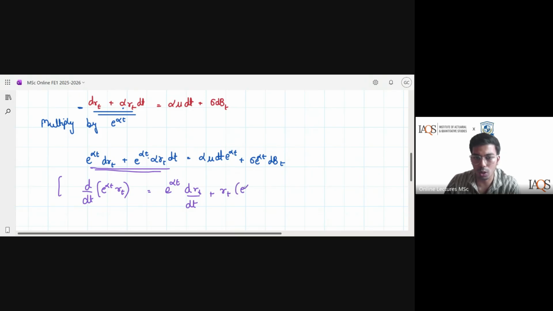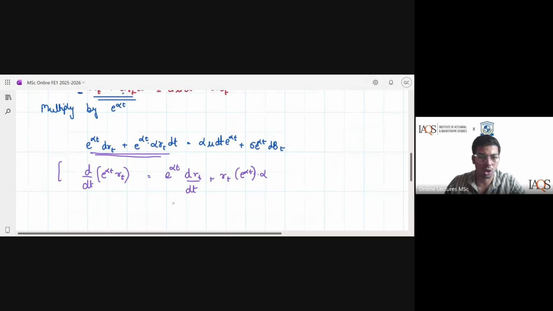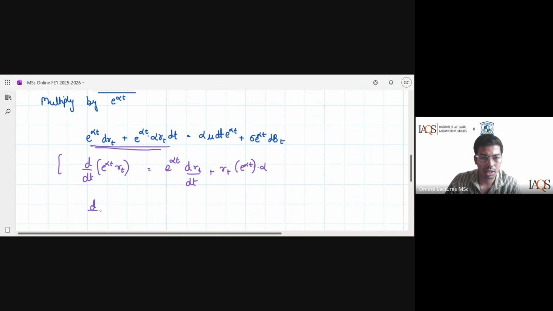Derivative of U will be what? e raised to alpha t into alpha, chain rule. With me? All right. Now if I write this as is, d by dt of e raised to alpha t RT is equal to e raised to alpha t dRT by dt plus e raised to alpha t alpha RT.